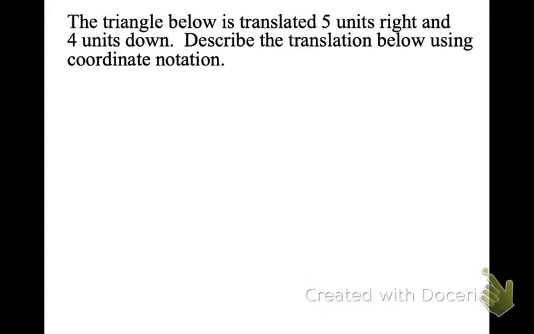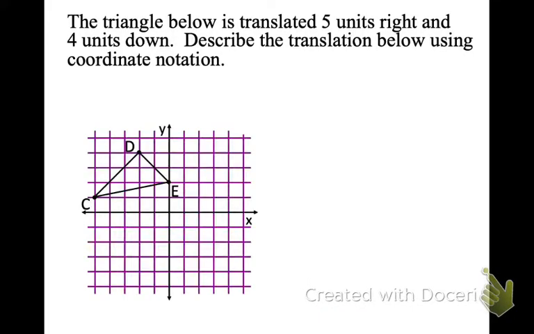Here's an example of how we do translations in math. The triangle below is translated 5 units to the right and 4 units down. Notice the original D that we have. I'm going to move 5 units to the right: 1, 2, 3, 4, 5.